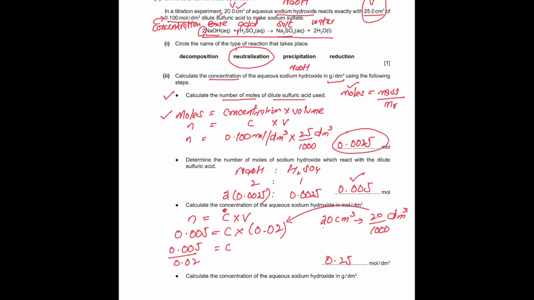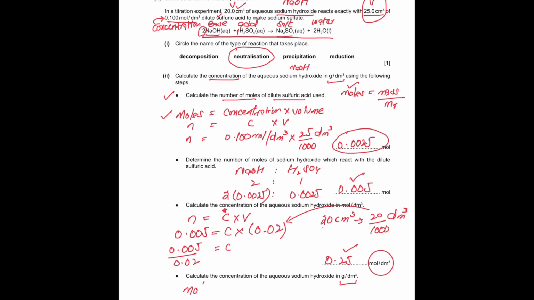So in the next step, he said calculate the concentration of aqueous sodium hydroxide in gram per centimeter cube. We already know the concentration, but this concentration is in mole per decimeter cube. Now he said find the concentration in gram per centimeter cube.